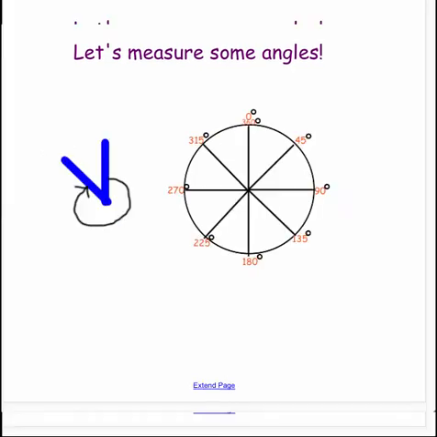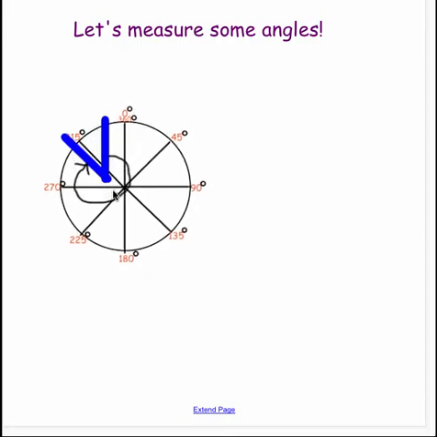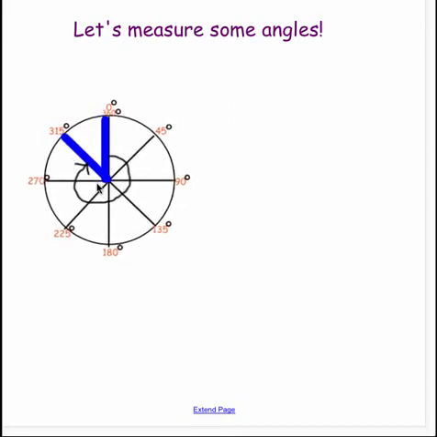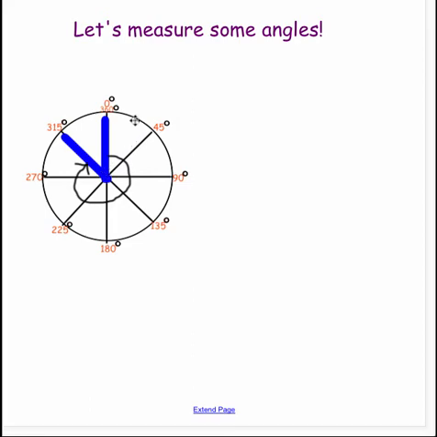All right, everyone, let's try another one. So I'm going to take my angle measurer and put the center of it right over the vertex of the angle, right about there. Here's the vertex of the angle, and it's also the center of my circle. Now the other thing I have to do is make sure that my 0-degree marker is lined up with the part of the angle that did not move.